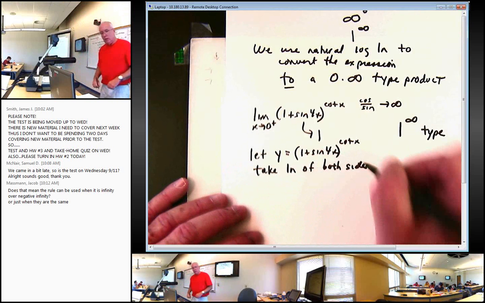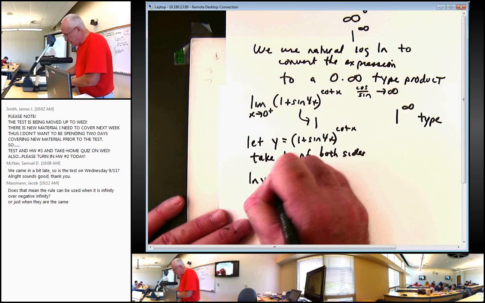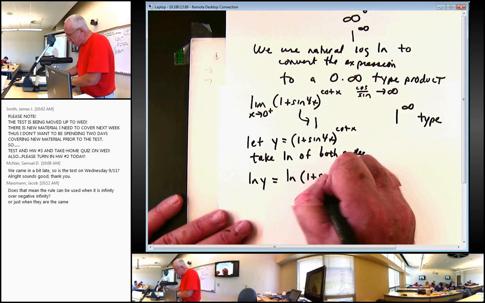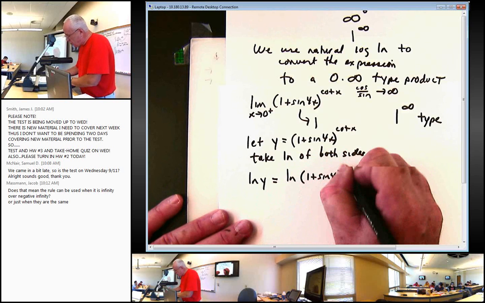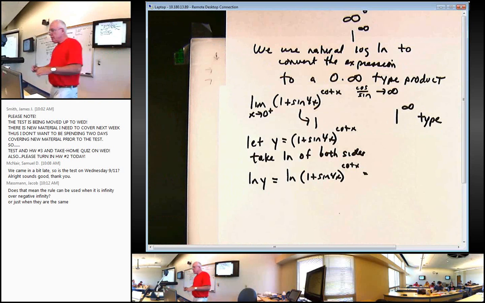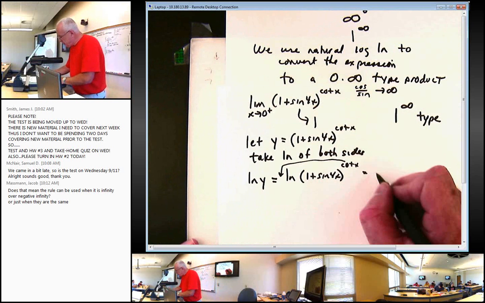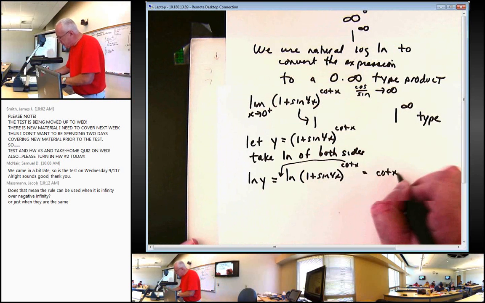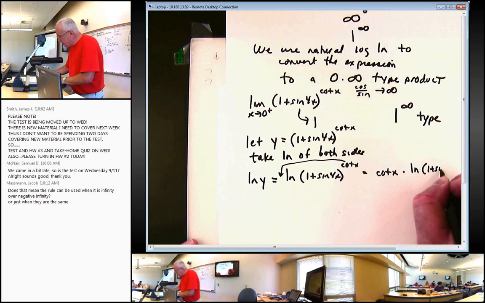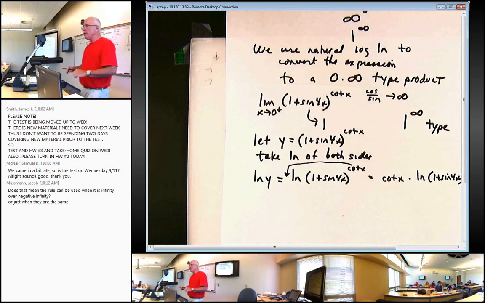Okay, so the left-hand side becomes the ln of y equals the ln of (1 plus the sine of 4x) raised to the cotangent of x power. But remember with the log property, if I have a power here, I can bring it out front. So this equals the cotangent of x times the natural log of 1 plus the sine of 4x. Are we okay so far with this?